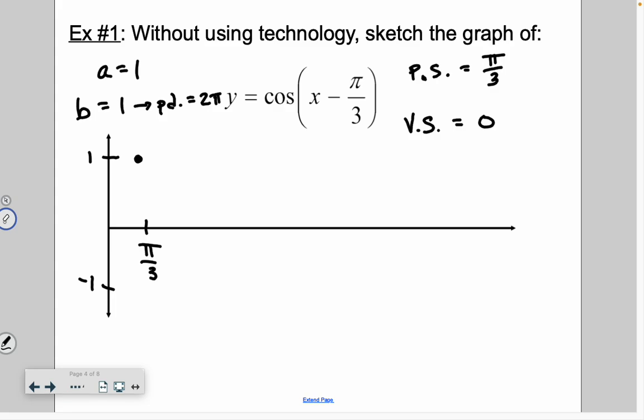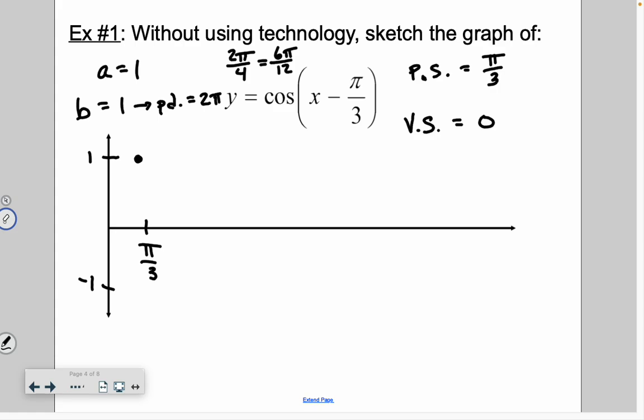Okay? So if we take the period and we divide it by 4, we get 2 pi over 4. And remember yesterday, we said we want a common denominator between that and our starting point. So let's change these into 12ths. Okay? So if we multiply this one by 3, we get 6 pi over 12.